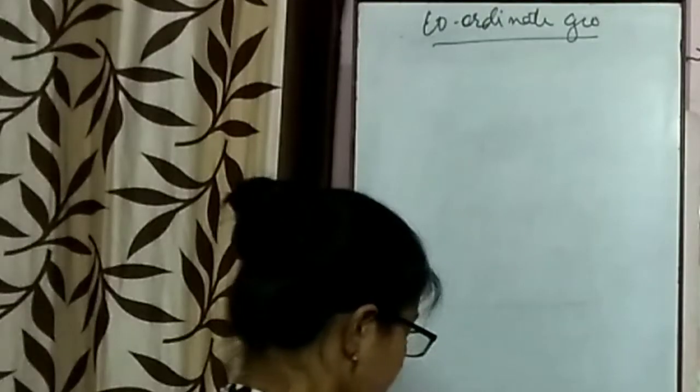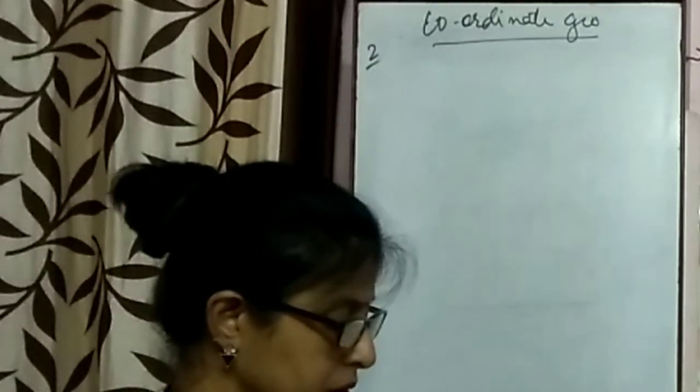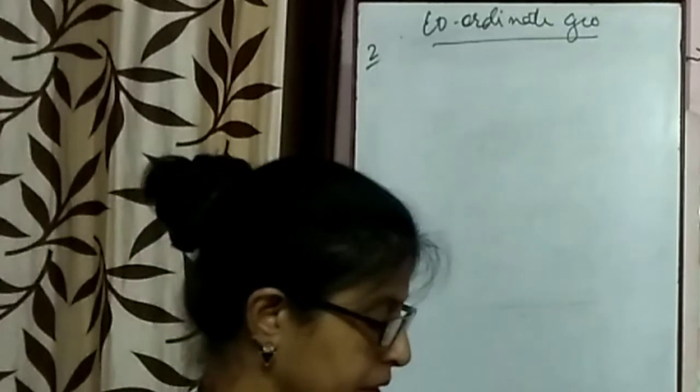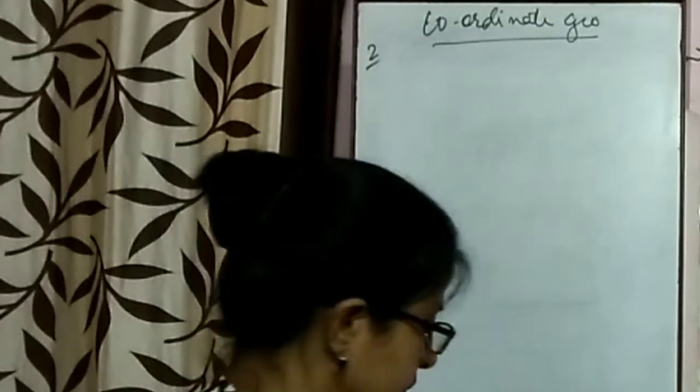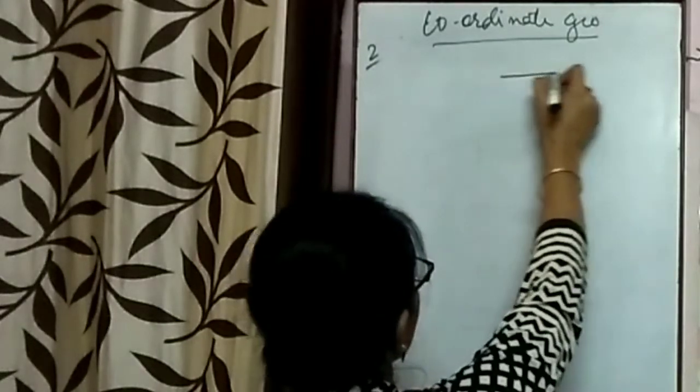Okay. Question number 2. Find the coordinates of the points of trisection of the line segment joining (4, -1) and (-2, -3). So let's draw the line.